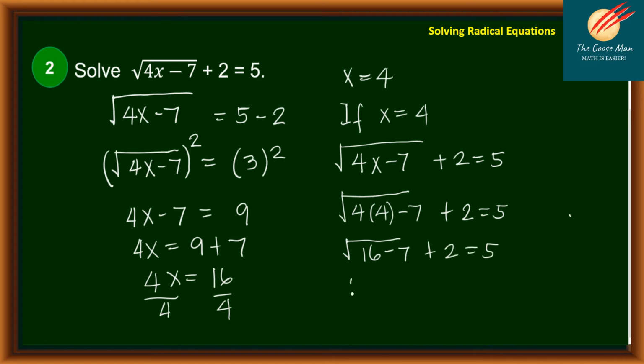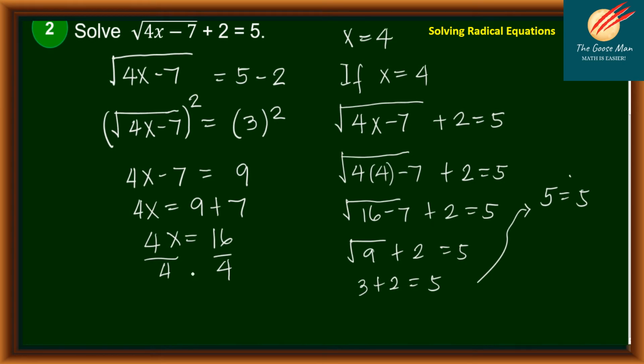So we have actually square root of 9 plus 2, is it equal to 5? So this will give us 3 plus 2 is equal to 5. So clearly, we can say that 5 equals 5. So therefore, we can say that the solution set is equal to 4. So this is for item number 2.